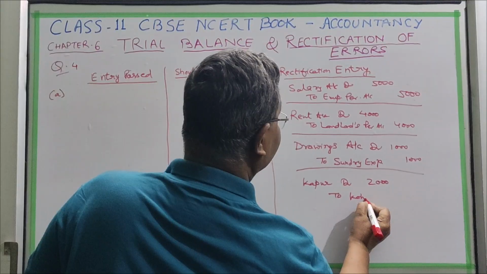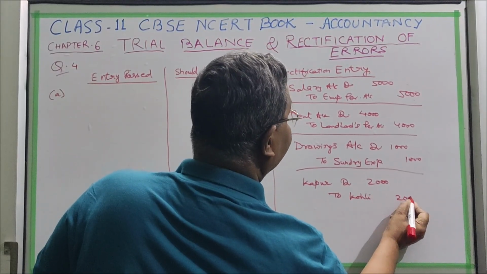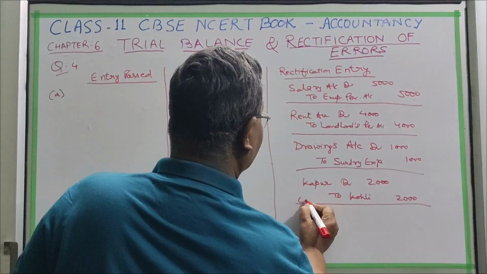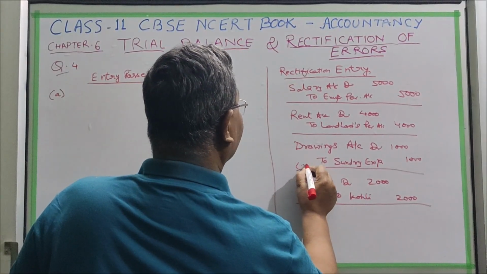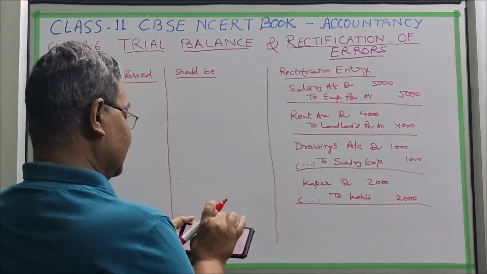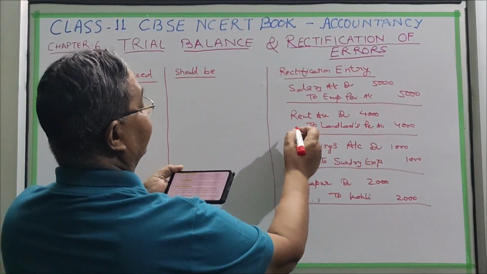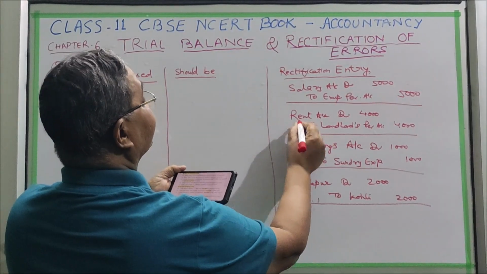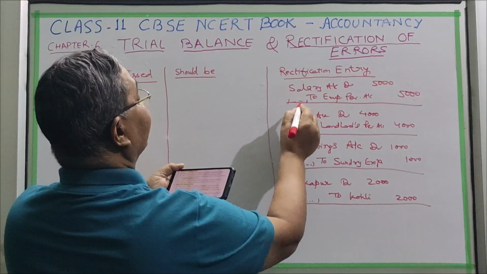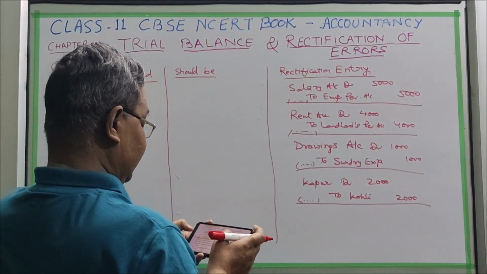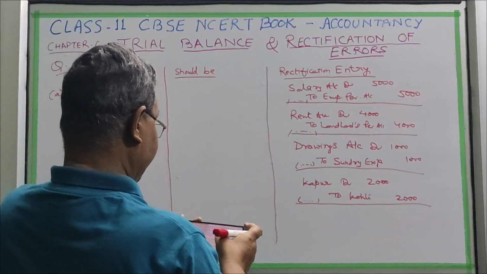Kohli is the correct person, so in his account you give the credit. You have wrongly credited. And you have to give narration also. For each entry you have to give a narration. Narration means what they have given in the question. In short, you have to write here. For every journal entry, you require a narration. Make a short of the question and write it here.